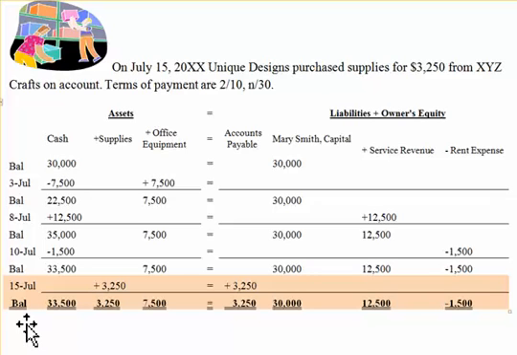If the month was to end at this point, if there were no other transactions to be recorded, the ending balances as we see at the bottom of the screen are the balances now that we are going to use to prepare our financial statements.